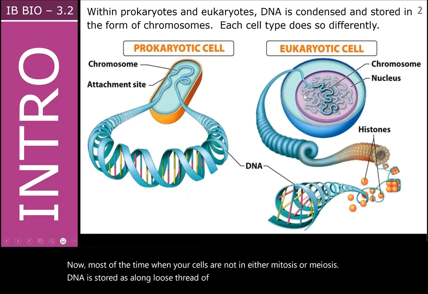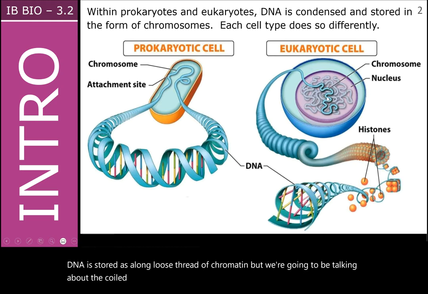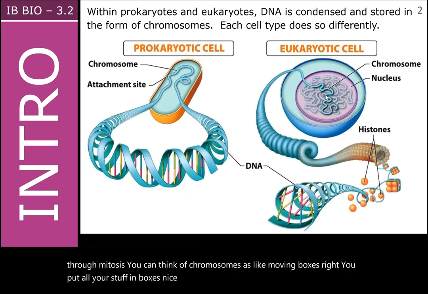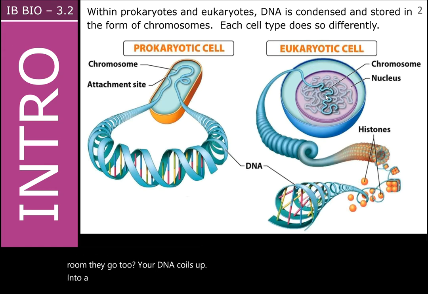But we're going to be talking about the coiled and stored packaging of DNA when it's getting ready to go through mitosis. You can think of chromosomes as like moving boxes, right? You put all your stuff in boxes, nice and organized and labeled so you know what room they go to. Well, your DNA coils up into a compact storage container just like that, and that's what a chromosome is.